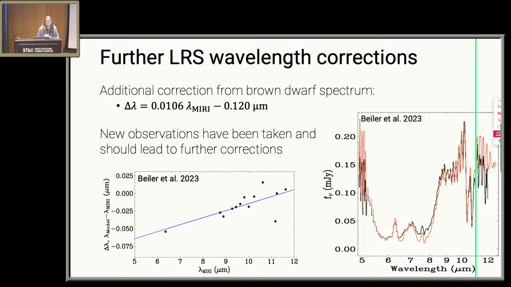So there are some further LRS wavelength corrections that have been done and will be coming in the future. Byler et al. 2023 did an additional correction using a brown dwarf spectrum. They compared it to a model and were able to create an additional correction. Currently that's what we're using on top of the JWST LRS wavelength correction.